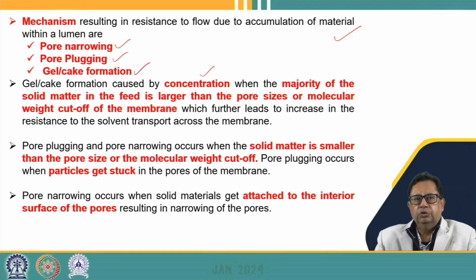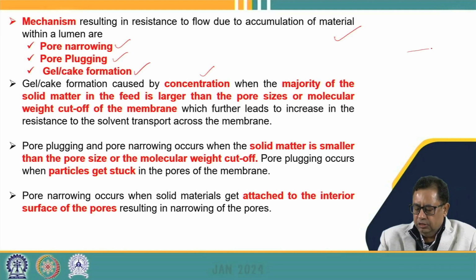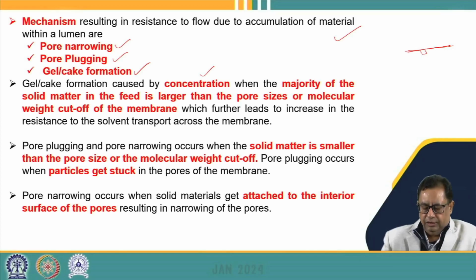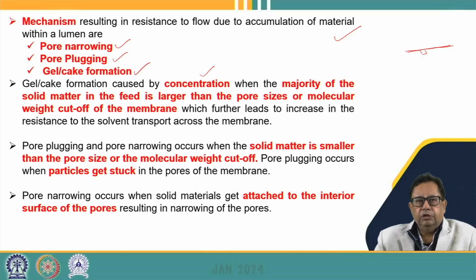This is known as gel or cake layer formation. So if we have a membrane with pores, on the entire surface we have the formation of a layer which is called the gel or cake layer. And here the majority of the solid matter in the feed is larger than the pore size of the membrane, so this forms the layer which is deposited onto the surface of the membrane.